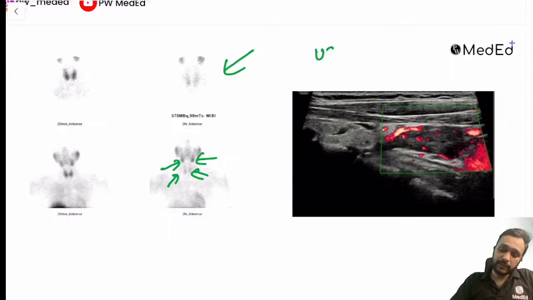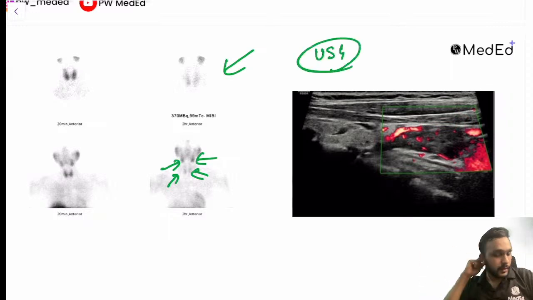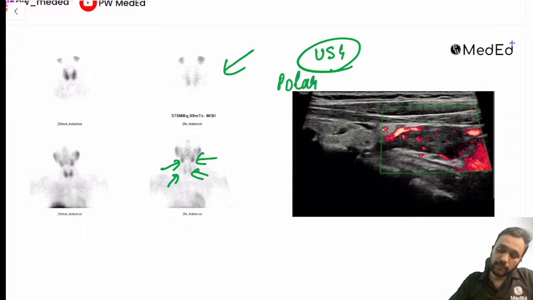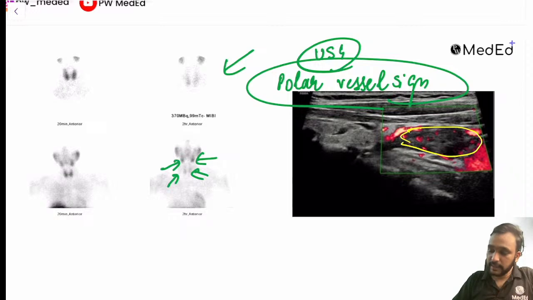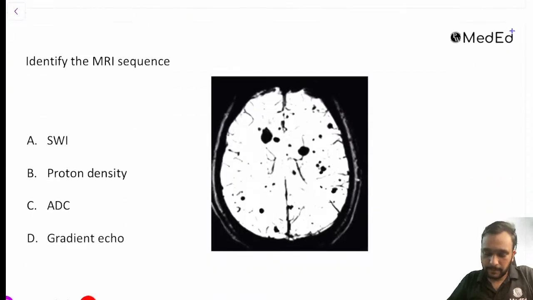And what do we see on the ultrasound? On the ultrasound we will see a polar vessel sign, which is characteristic of parathyroid adenoma. So here in this ultrasound image, guys, we can see a hypoechoic lesion, and this hypoechoic lesion is supplied by a vessel, which is giving this polar vessel sign of parathyroid adenoma.